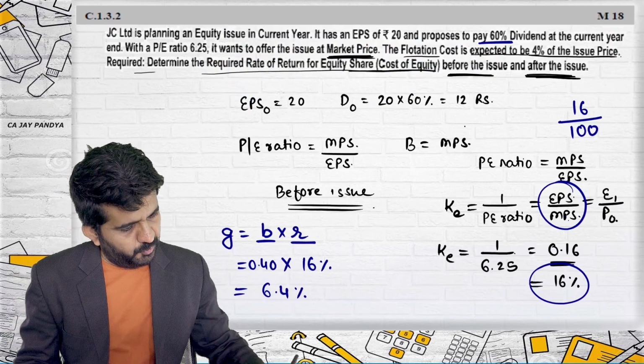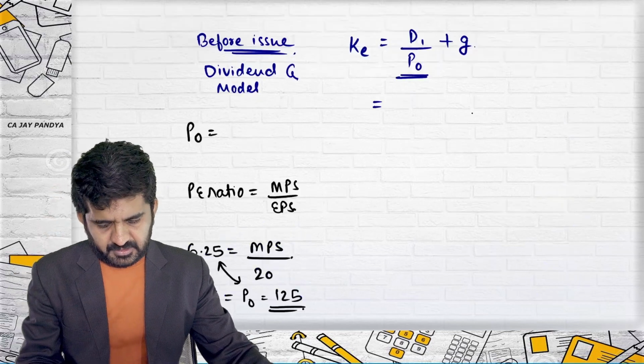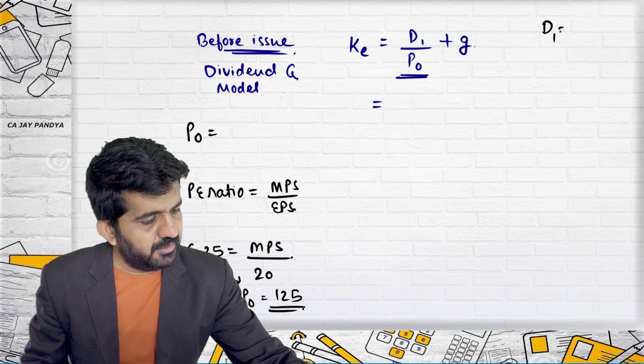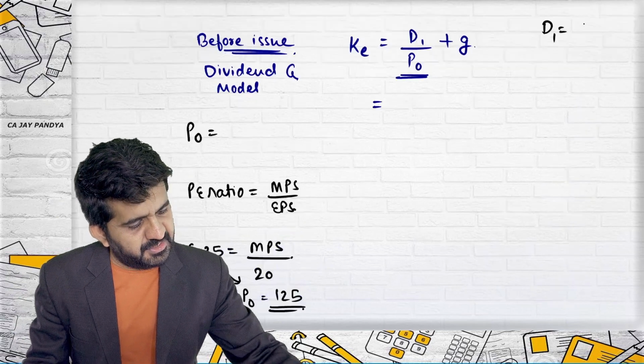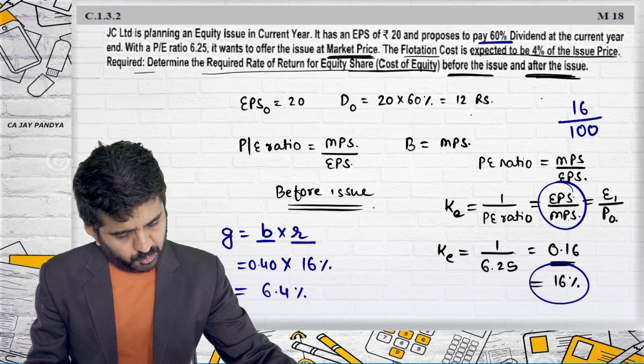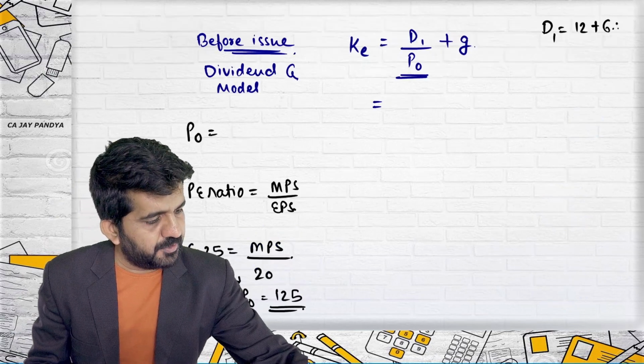D1 we are not knowing, D0 we are having. So D1 is equal to D0, that is 12, into growth rate 6.4%.